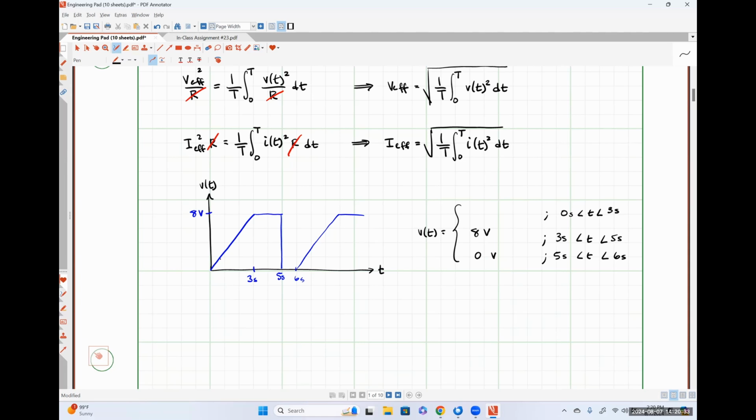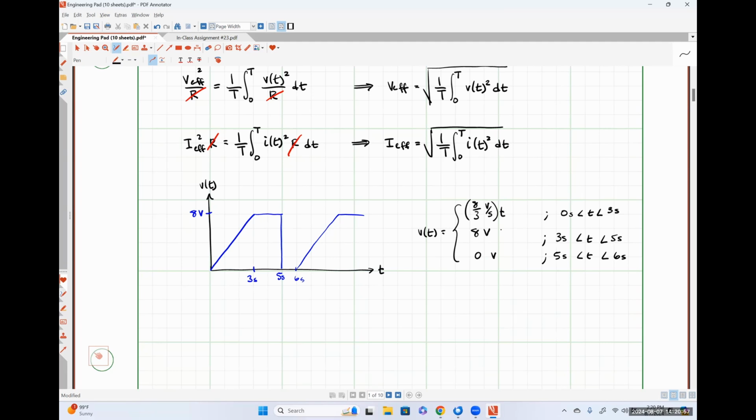Just 8/3, measured in volts per second, times time measured in seconds. And then what's our y-intercept? 0. So I'm just going to leave the rest of that off.